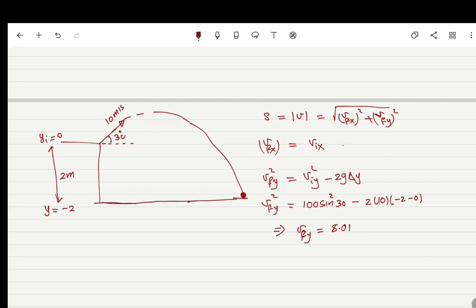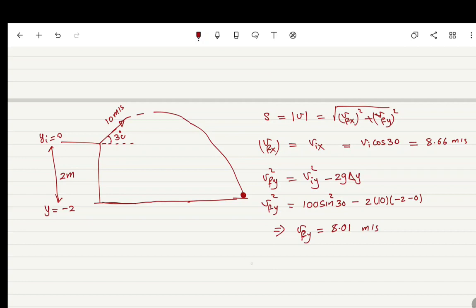In this situation here, the initial x equals the initial velocity times cosine 30, which in this case is equal to 8.66 meters per second, and this one here is meters per second.